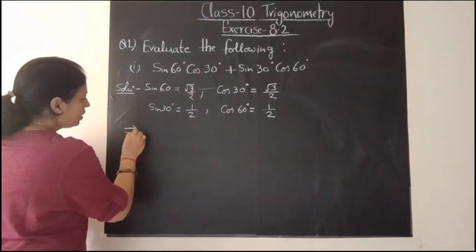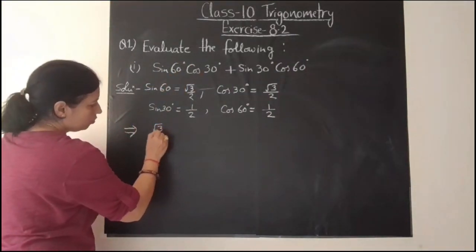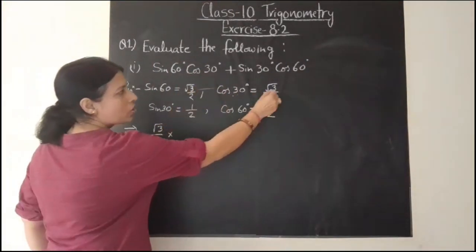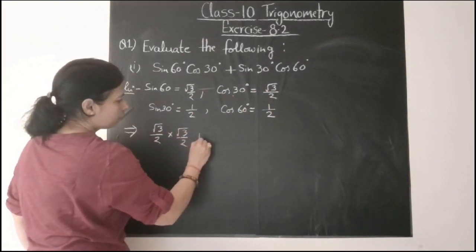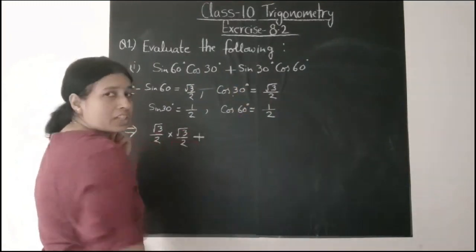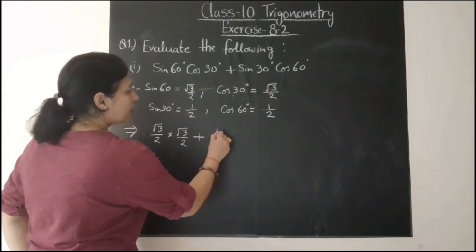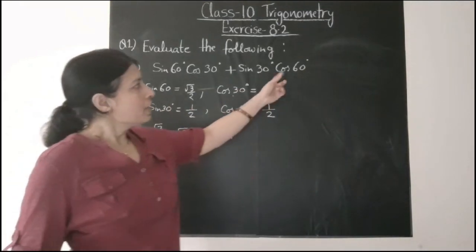So we will get sin 60 is equal to root 3 by 2, cos 30 is also root 3 by 2, plus sin 30, what is sin 30? Sin 30 is equal to 1 by 2, multiplied by cos 60.